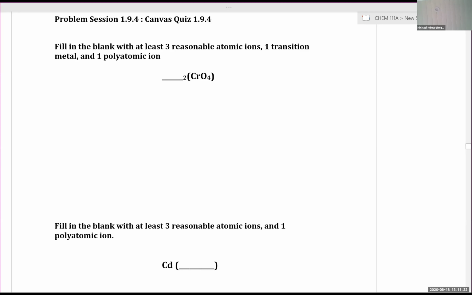You're more than welcome to message me with your proposed responses, any questions you have about this example, and we'll discuss momentarily.